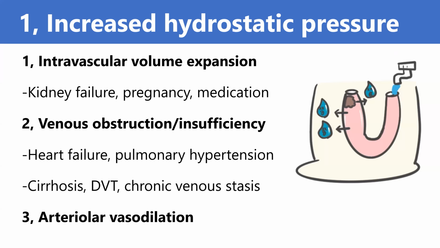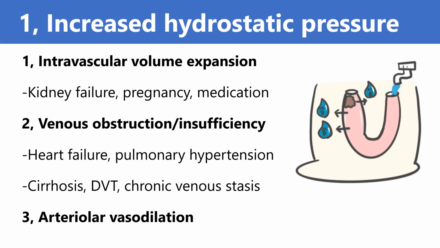The next subcategory is venous obstruction and venous insufficiency. In these etiologies, there is some physiologic or anatomic problem that is preventing blood from moving back to the left side of the heart.